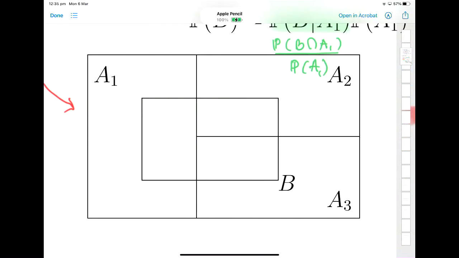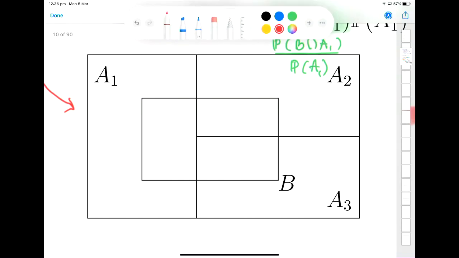So you have a sample set omega like this, and then you have A1, A2, A3. You have B as the rectangle in between here. So this is B, right? This is A1, this is A2, and this is A3.